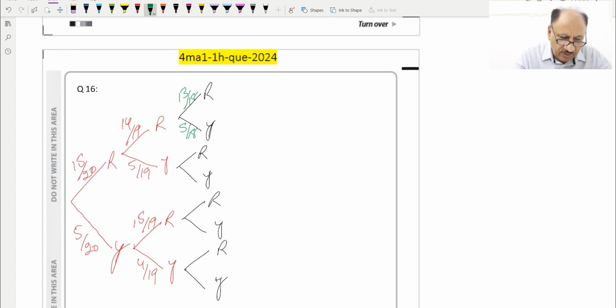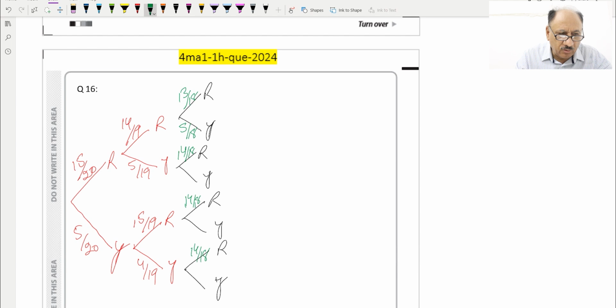And in this case 1 red and 1 yellow are gone, so it will be 14 over 18. I'm writing only for red, because red is required.